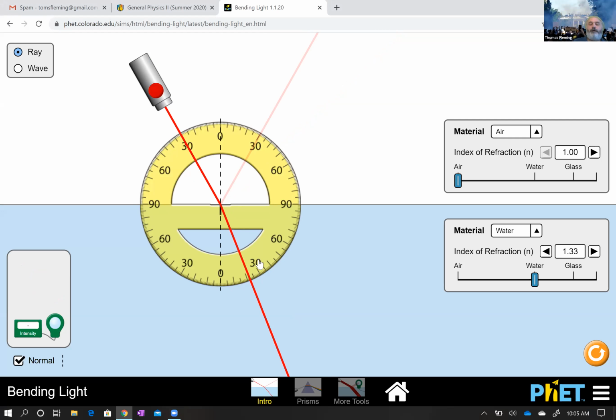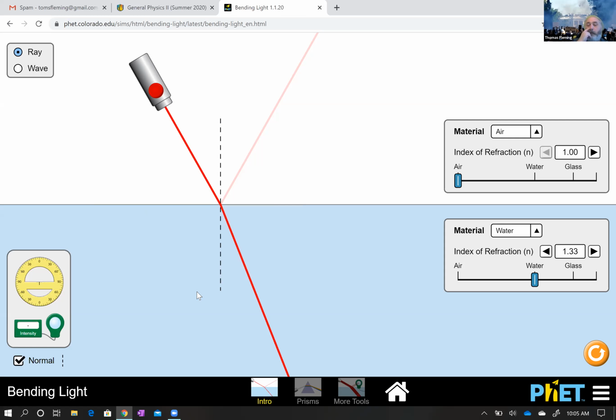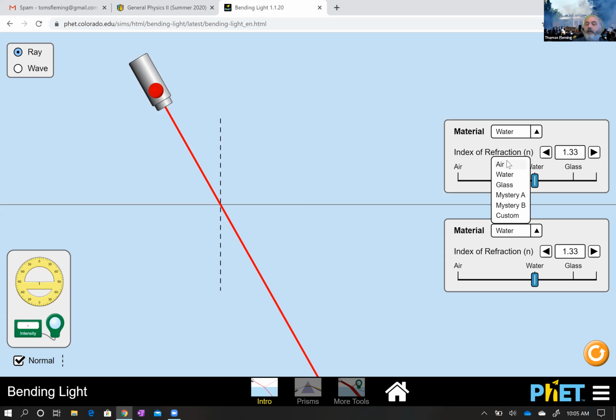Now, you do get some kind of cool variations on that. One thing that is pretty neat is if I go from water into air.